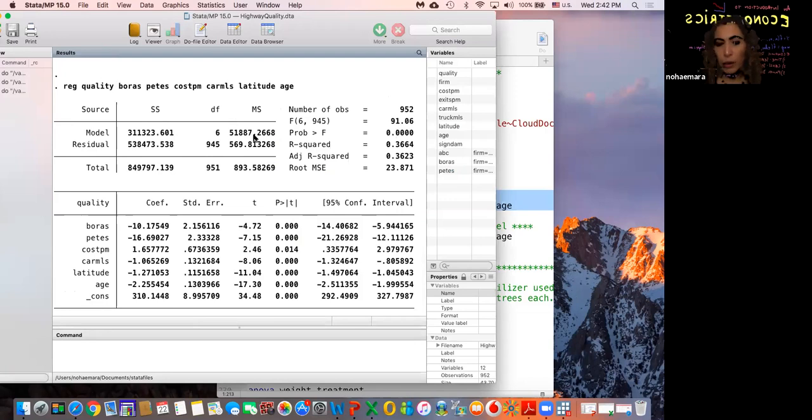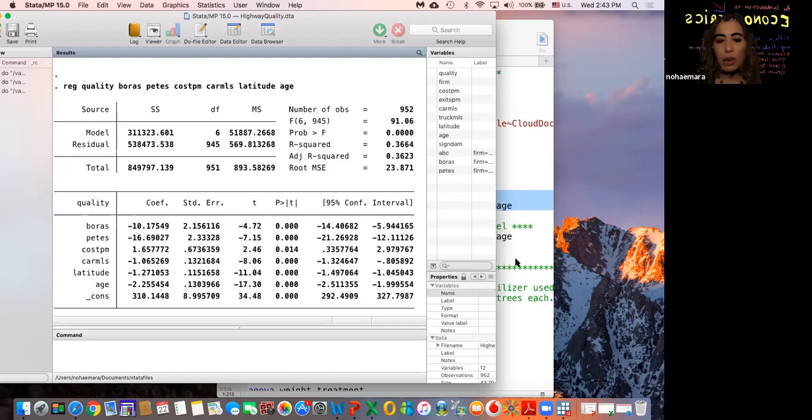You take the mean squared explained, called here the mean squared model, and divide it by the mean squared residuals, and you would get 91.06. The 6 here stands for the 6 regressors I have, and this number is N minus k minus 1, so 952 minus 6 minus 1, which gives you 945. So this is for the overall.